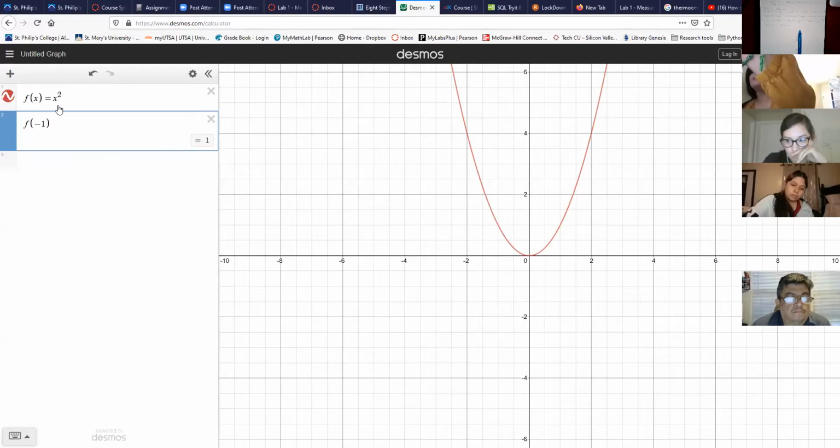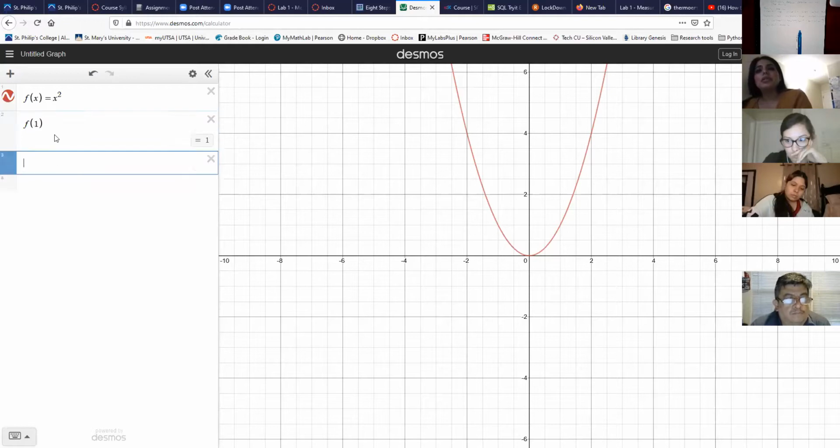If I plug in a negative, it becomes positive, right? Because you square it. You guys remember doing that? Yes. Now, the fact that plugging in 1 or -1 gives you the same output means it is even. That's a definition. So basically, let me give you the definition in general.